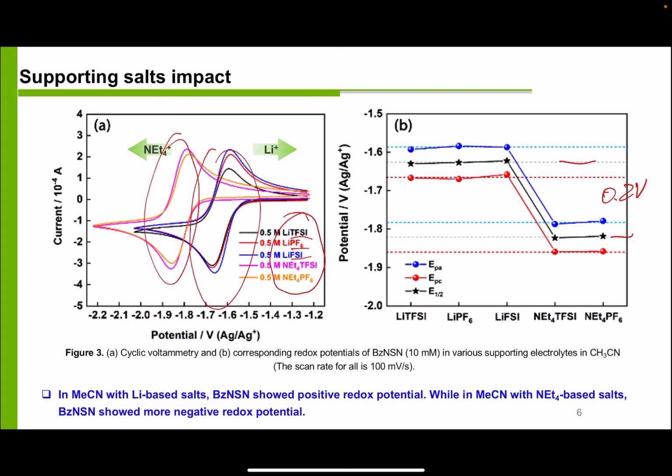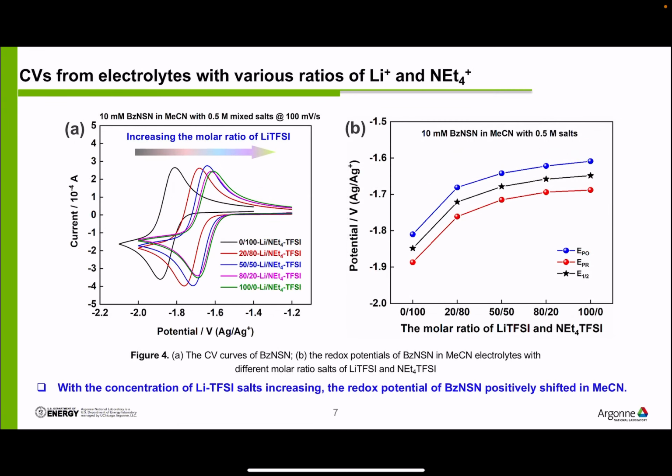Ammonium is quite bulky, so it doesn't really form a strong coordination to the radical anions of the redoximers, whereas lithium is very small. It can most likely form a strong coordination. So that may be one of the major reasons leading to this dramatic shift of these potentials.